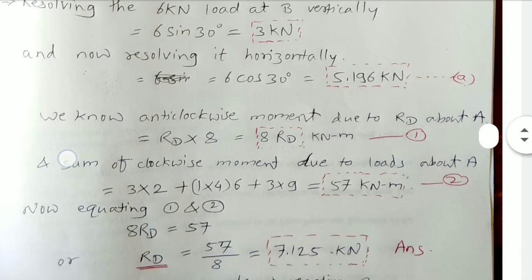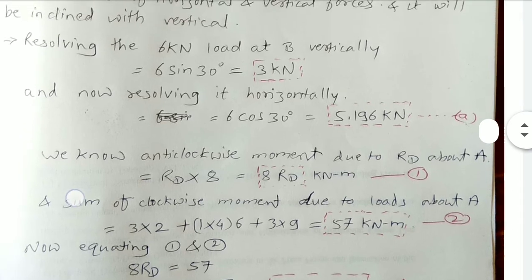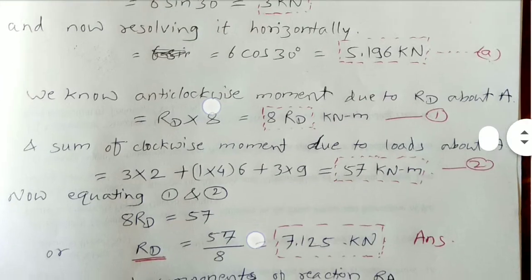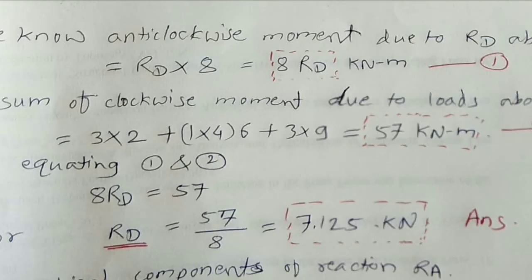So 1 into 4 into 6 is the second term, and the third term is 3, with the total span of 9 meters, so 3 into 9. Calculating the total of this, we get 57 kilonewton meter.